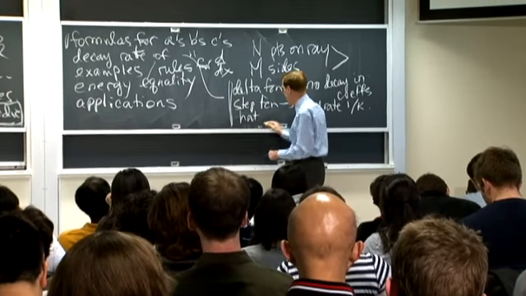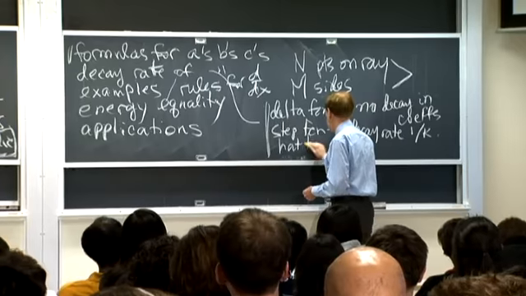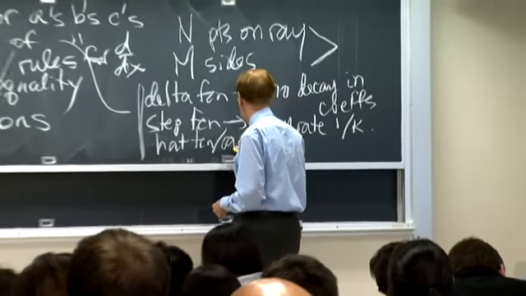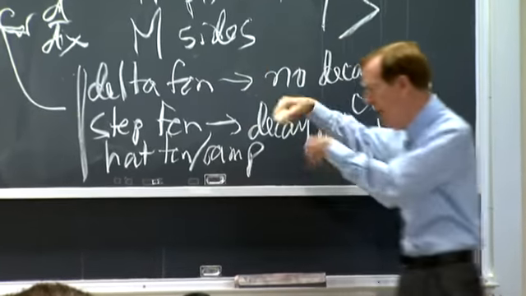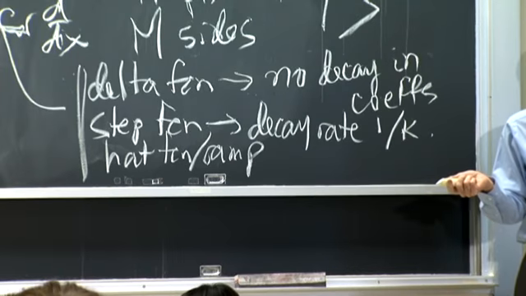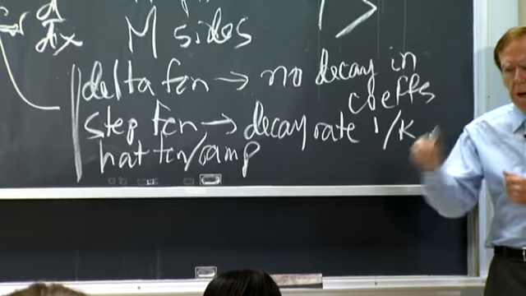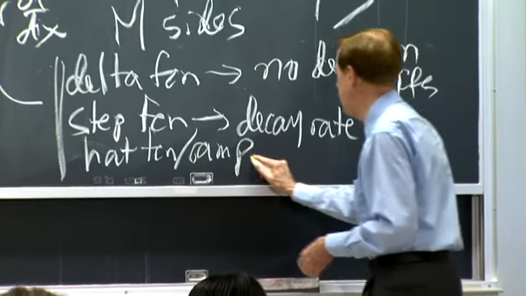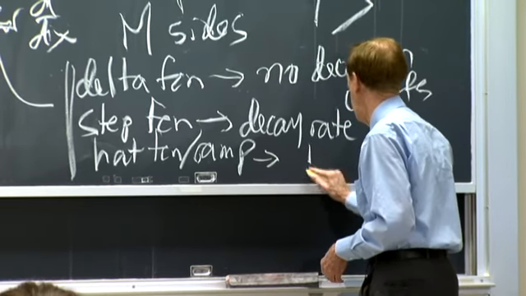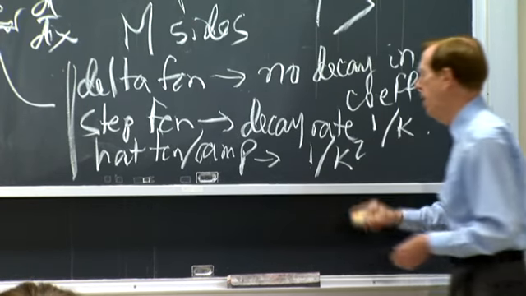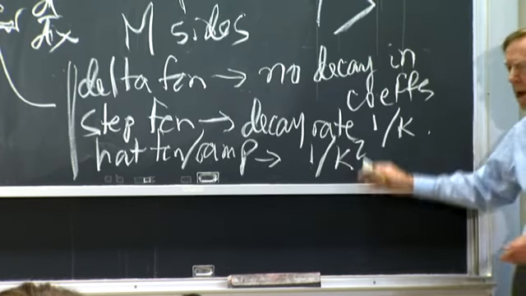Yeah, a ramp, exactly. Hat function, which is a ramp with a corner. Now, that's one integral better. You want to guess the decay rate on that one? K squared. Now we're getting better. That's a faster fall off. 1 over k squared.